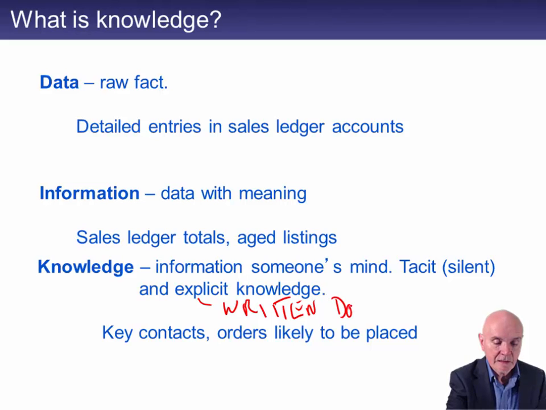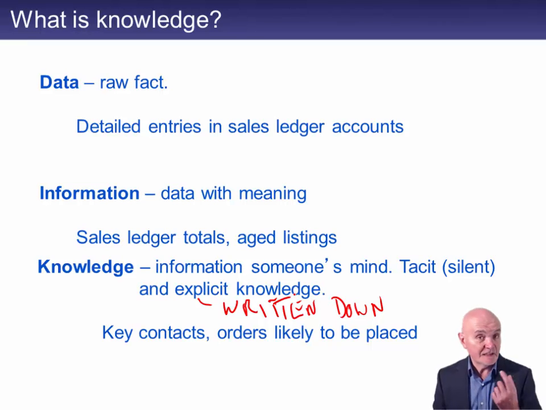I don't mean necessarily on bits of paper, but say, written in a computer file. Once it's written, it's safe, and it's searchable. You can put in keywords and search documents, search disks and so on. It's easy to spread. It's easy for other people to use it. So this explicit knowledge is written down knowledge.